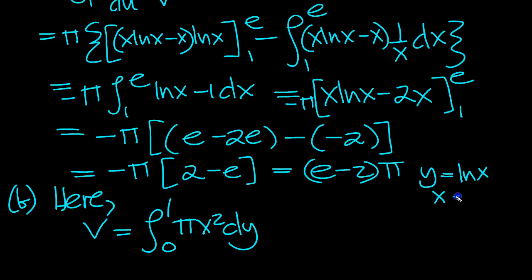So x is equal to e to the y. So x squared will be this squared, which is e to the 2y, so it's the integral, between 0 and 1, of pi x squared, which is e to the 2y dy.